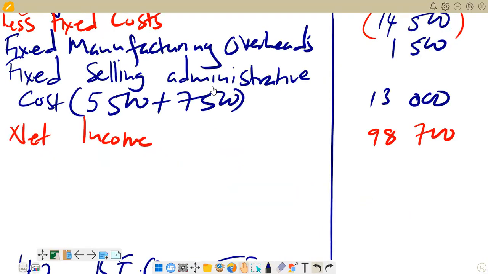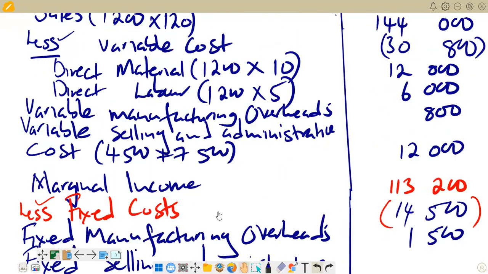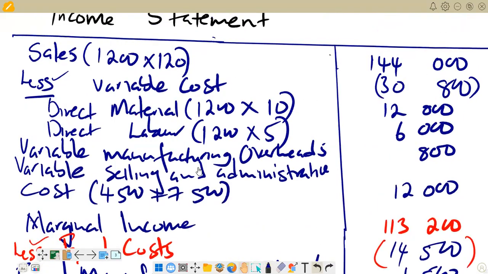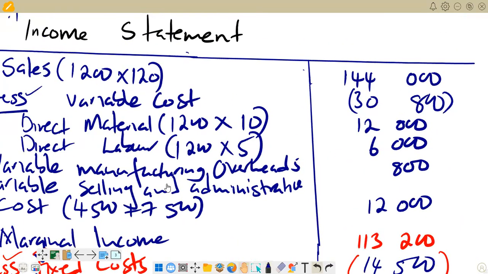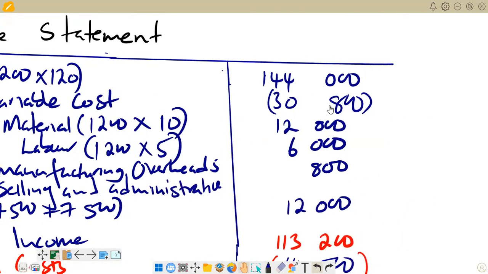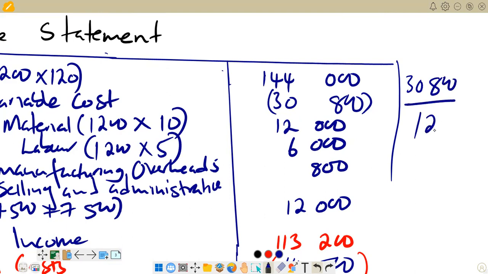We only have the total figure for variable costs, which is 30,800. And we know that the total number of units is 1,200. So to get the variable cost per unit, we say 30,800 divided by 1,200.